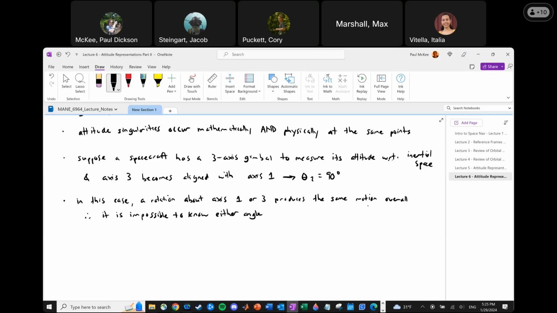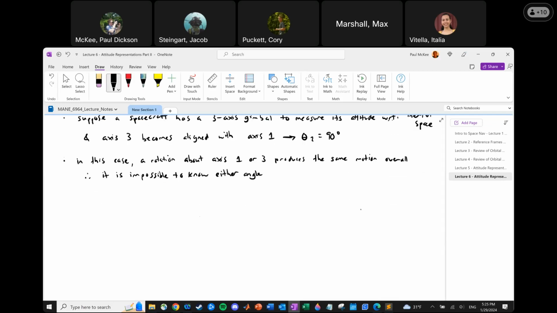Right. Now, let's see what happens to our yaw pitch roll matrix from last class when theta 2 is 90 degrees.